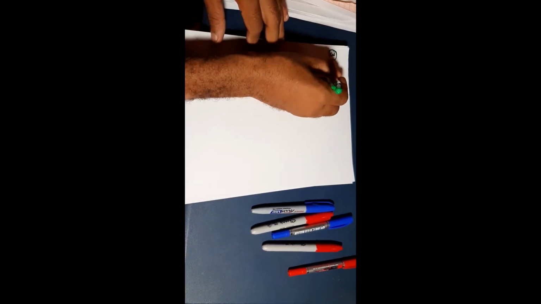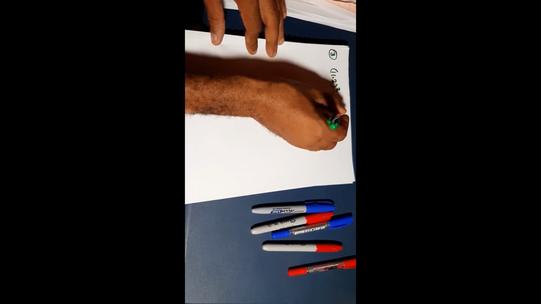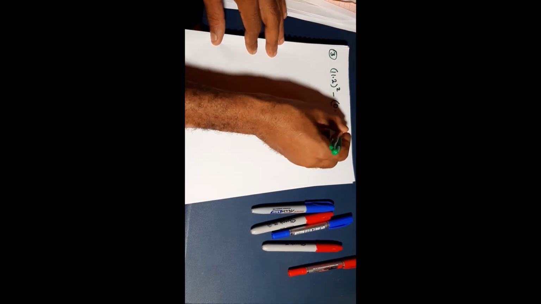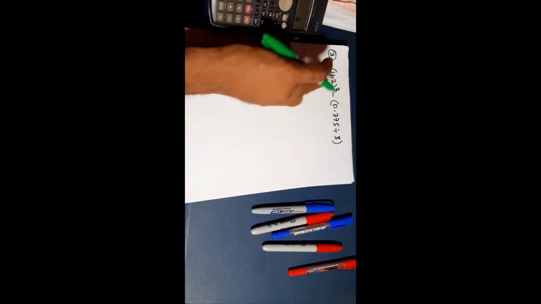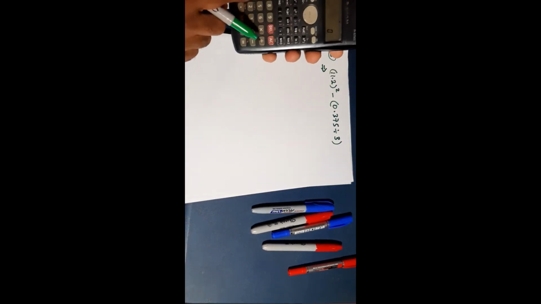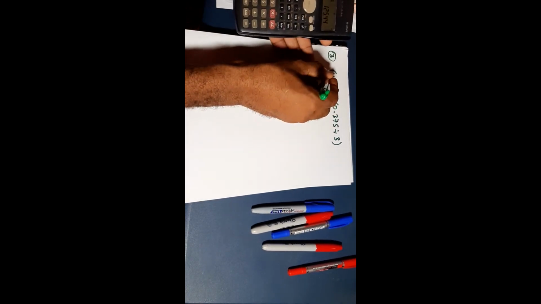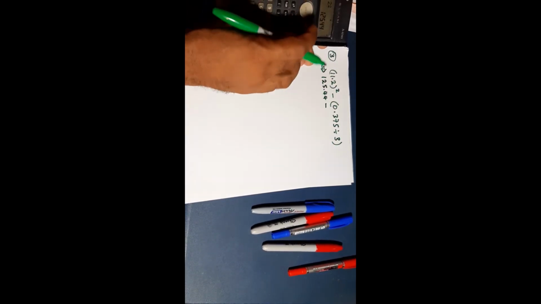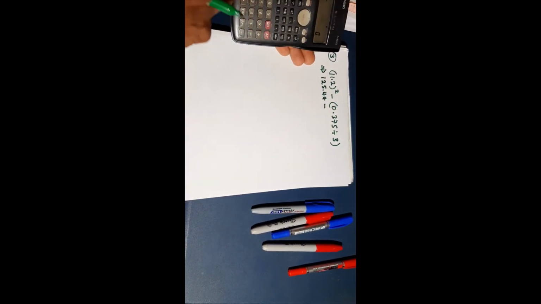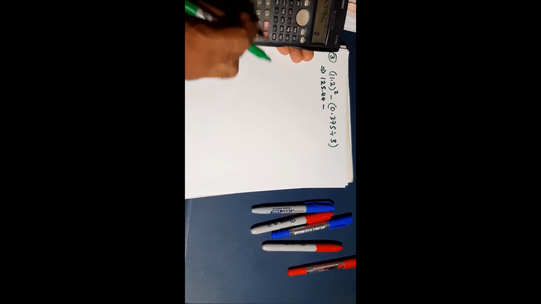So we have 11.2 all squared minus 0.375 divided by 3. So the first thing we need to do, if we're going to solve an operation like this, is solve this square. So I'm going to have 11.2 squared, which is 125.44, minus, solving the bracket now, 0.375 divided by 3.